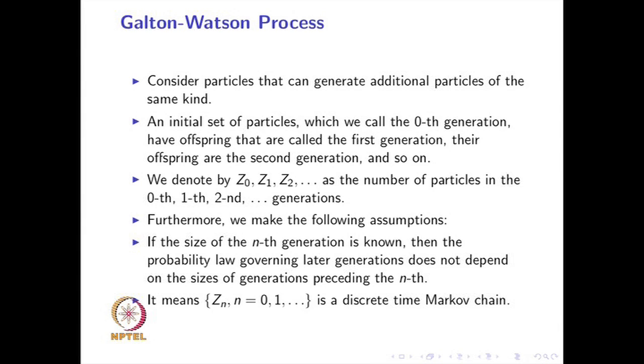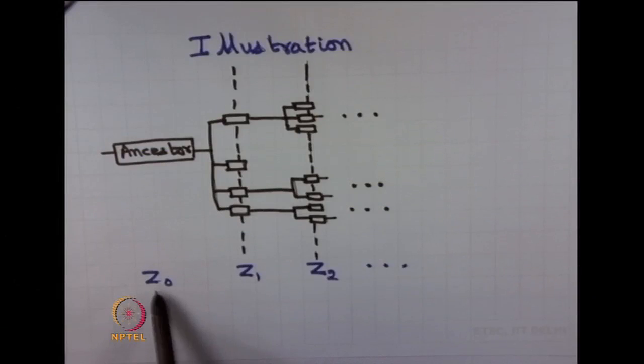Please see the illustration. This is Z0, Z1, Z2 and so on. So, this is an illustration of the number of particles in the 0th generation, first generation, second generation and so on.